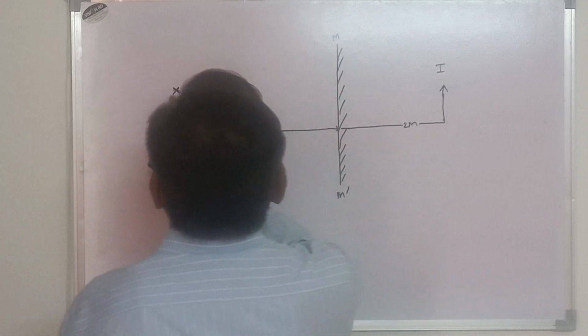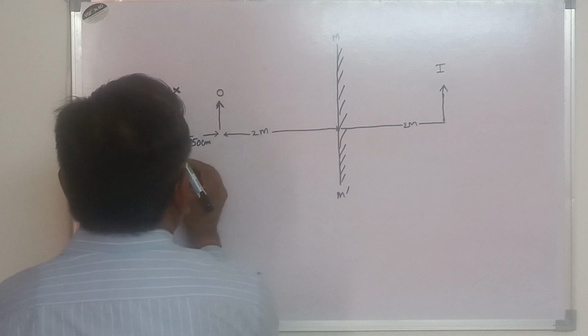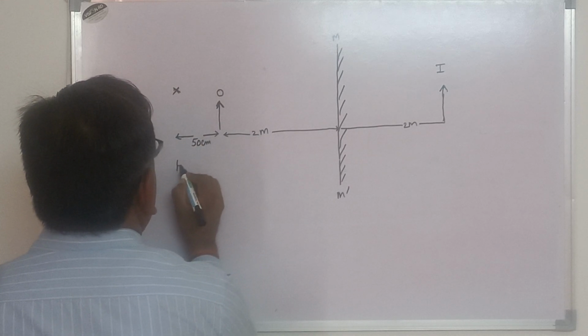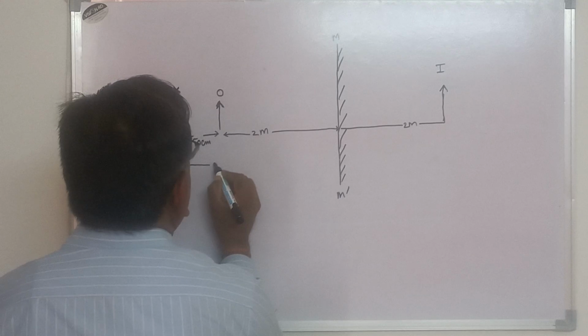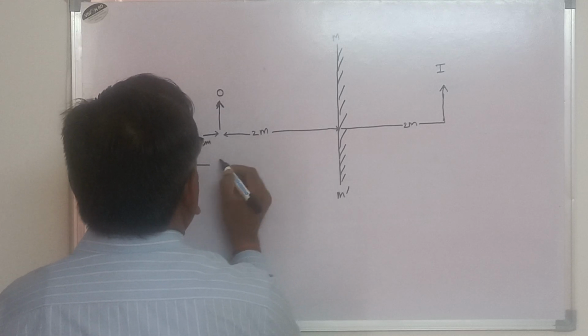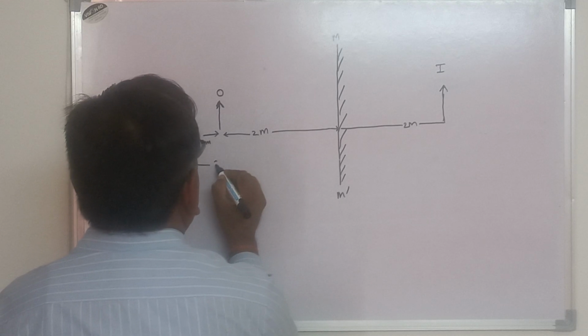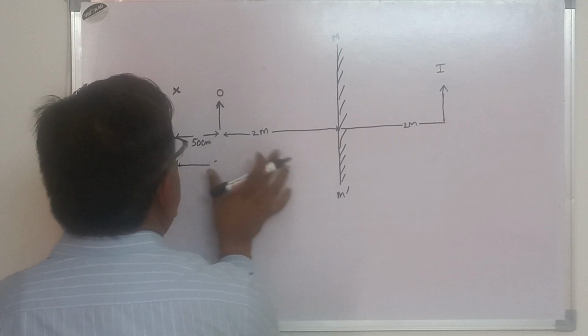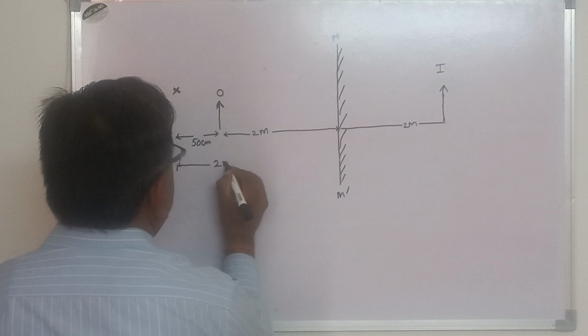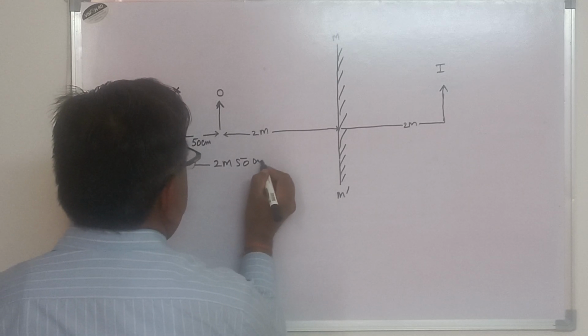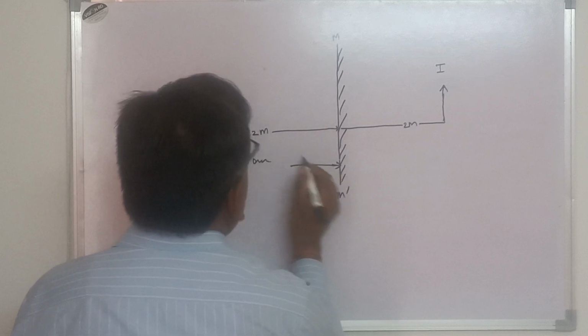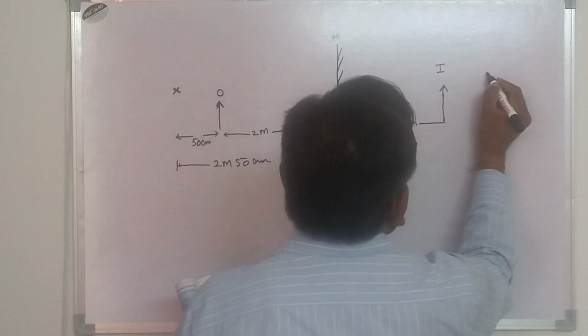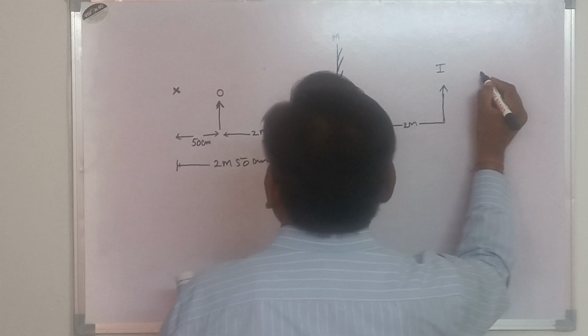One minute. The image of this will be formed. This distance is 2 meter 50 centimeter, and at this same distance, 2 meter 50 centimeter, the image will be formed here.